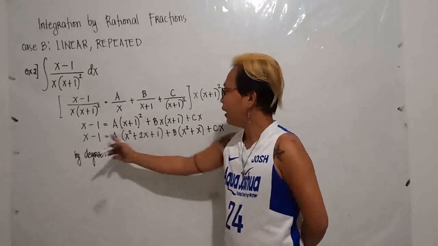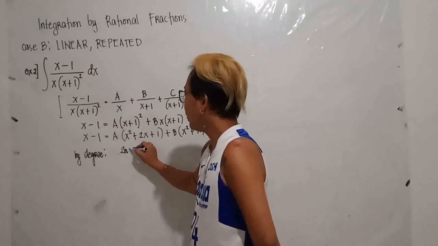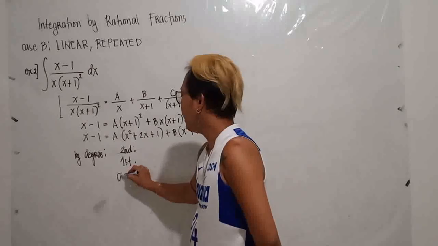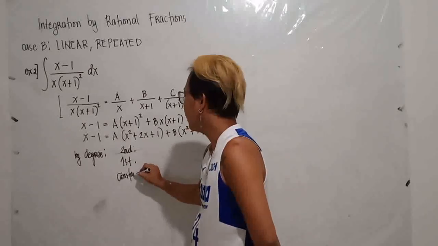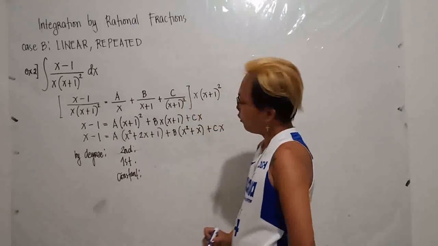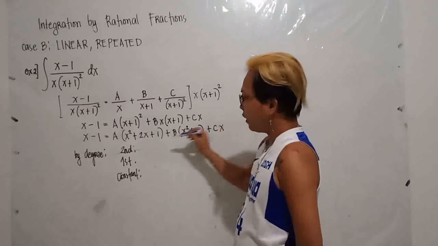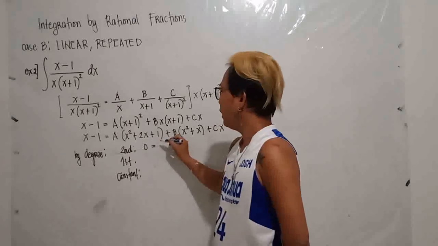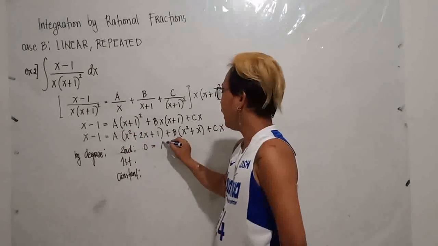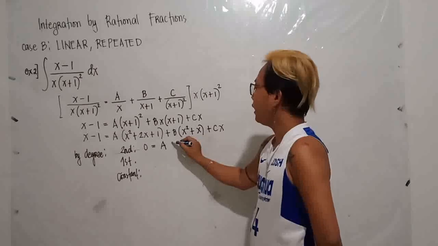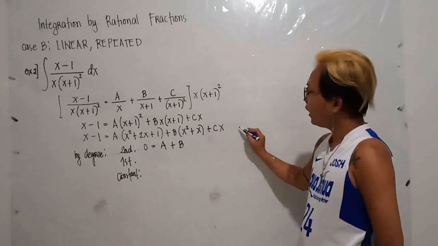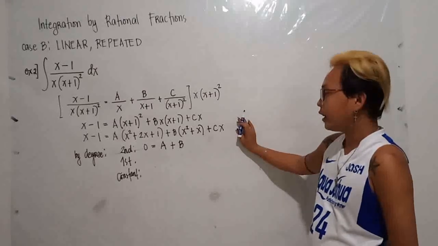The highest degree here is second degree. Then we will have first, then the constant. Okay. Finding the coefficient of the second degree, wala tayong second degree dito, so you will have 0. Then ang second degree dito is A. Then the second degree here is B. Then the second degree here, wala din, so wala tayong dadagdag.